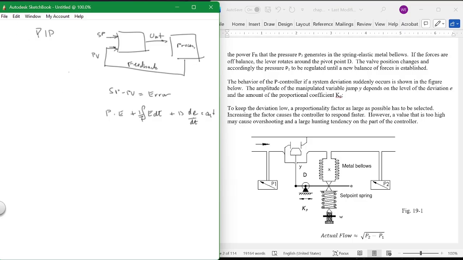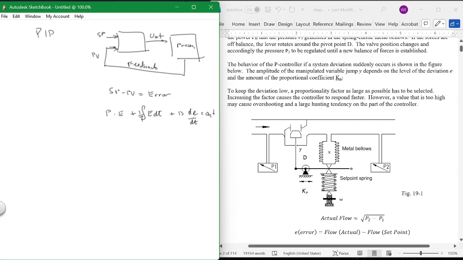But this would be a very crude analogy to a flow, and this is a proportional only control. But basically, here you have a bellows, and you have a feedback device, and you have a device that manipulates up and down that actually opens and closes the flow through this portion of this valve on this pipe.